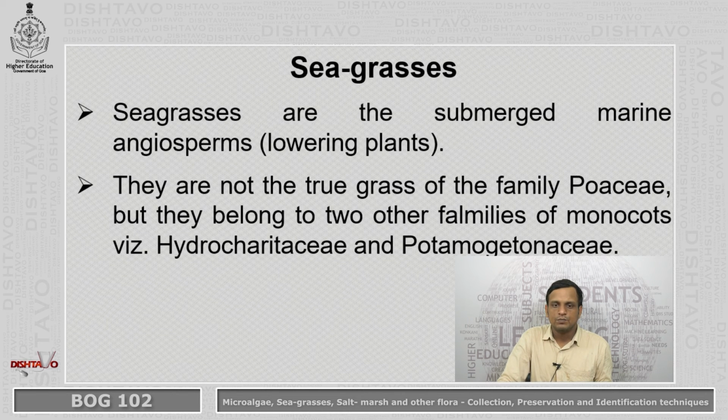Let's look at another group, seagrasses. Seagrasses are submerged marine angiosperms, lower groups of plants as they are called. They are not true grasses of family Poaceae. They belong to other families of monocots such as Hydrocharitaceae, Potamogetonaceae.